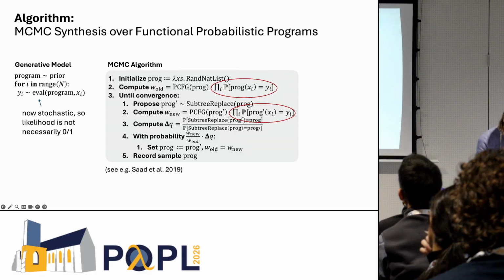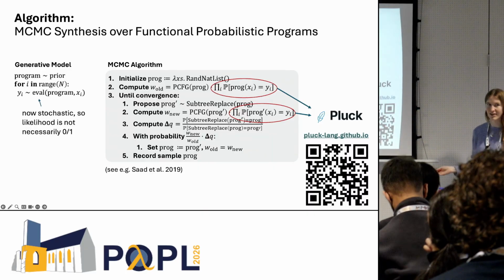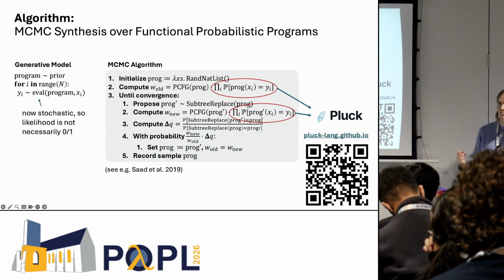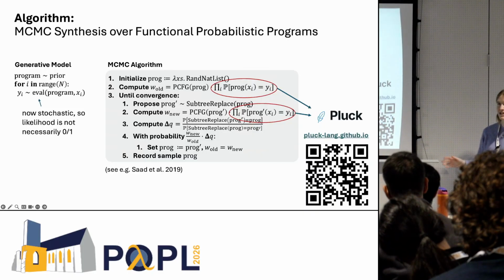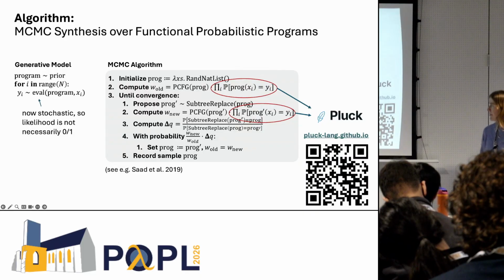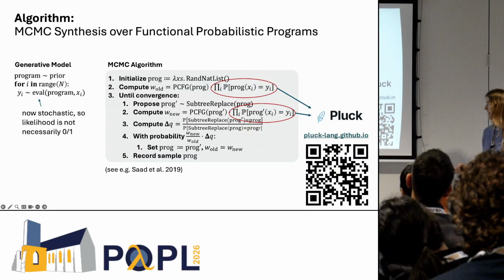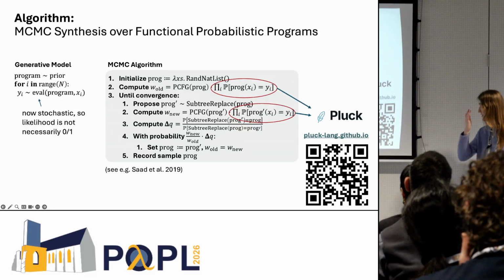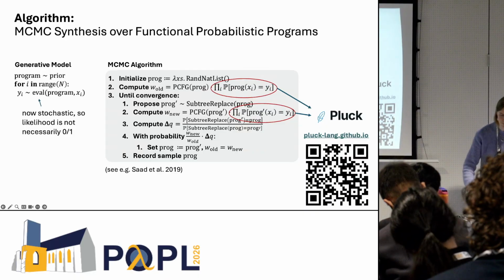And this challenge actually motivated the development of a language called Pluck that we presented this summer at PLDI for tackling specifically this kind of exact marginal inference problem efficiently. And this algorithm uses lazy knowledge compilation, which is a new approach to solving problems for these kinds of discrete probabilistic programs.